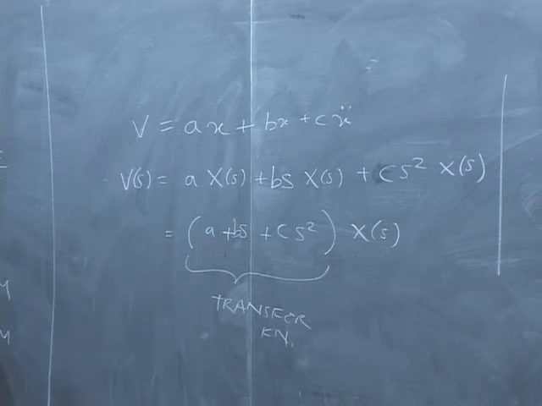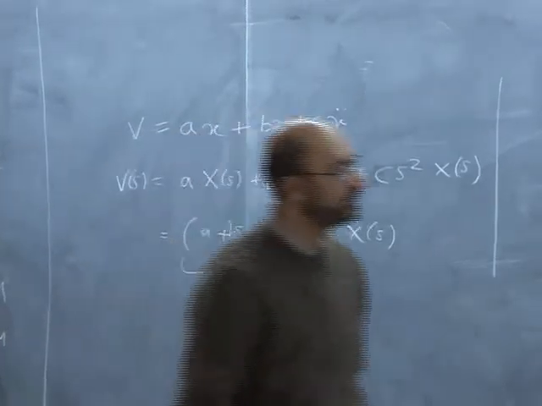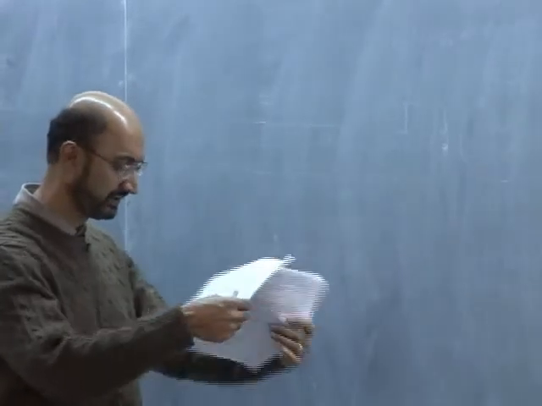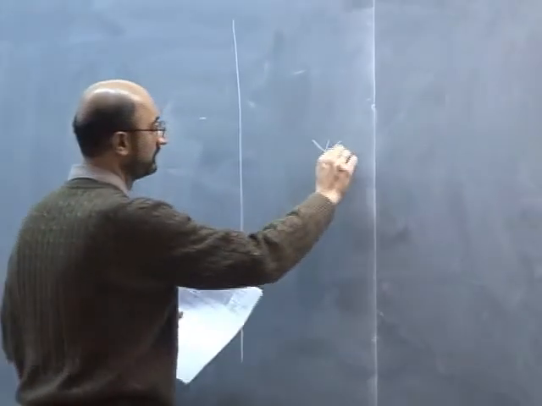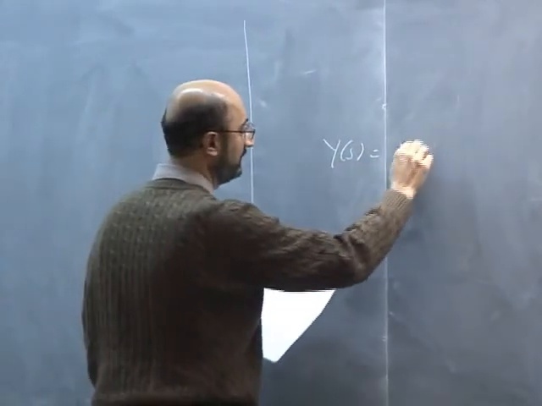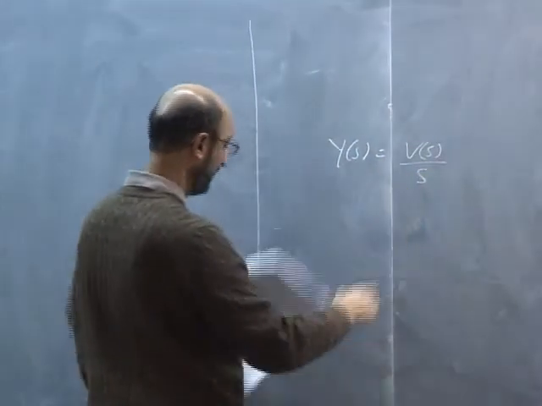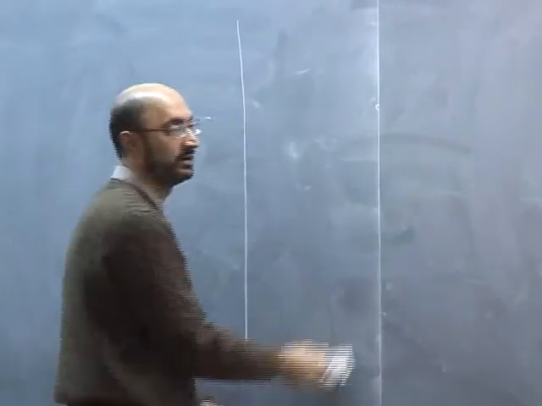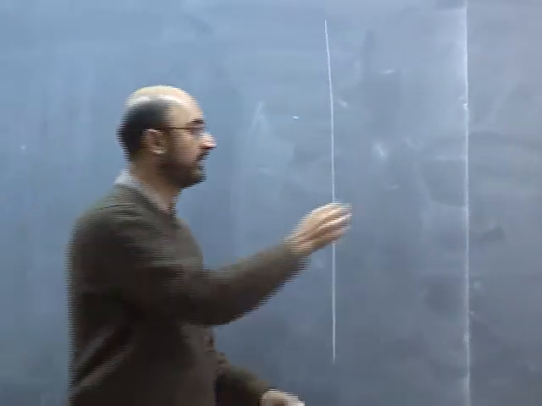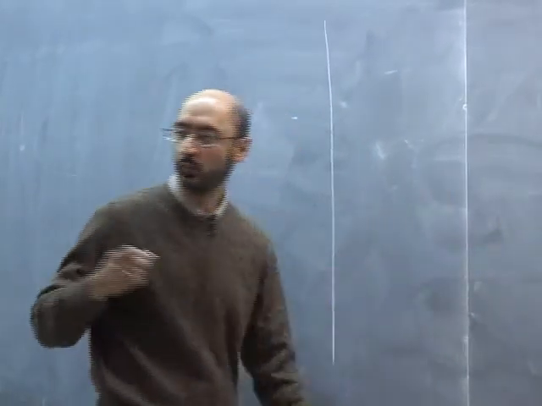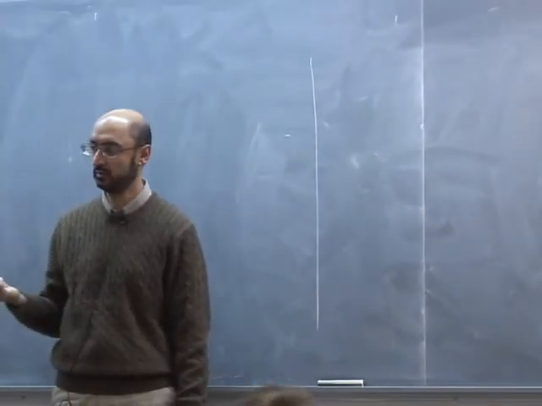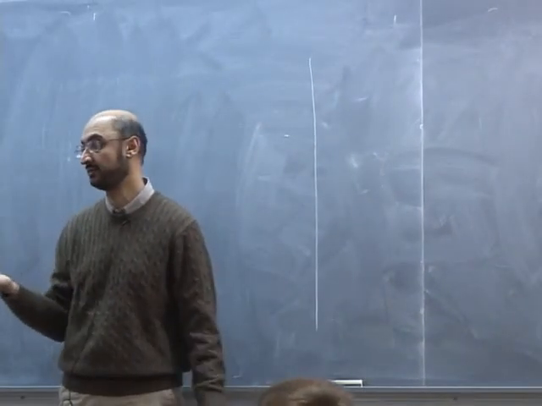So how's it different from the web server? In the web server case, we got Y(s) equals V(s) by s, right? Because we had sY(s), we had x, the y was the buffer, right? Y is the buffer size.